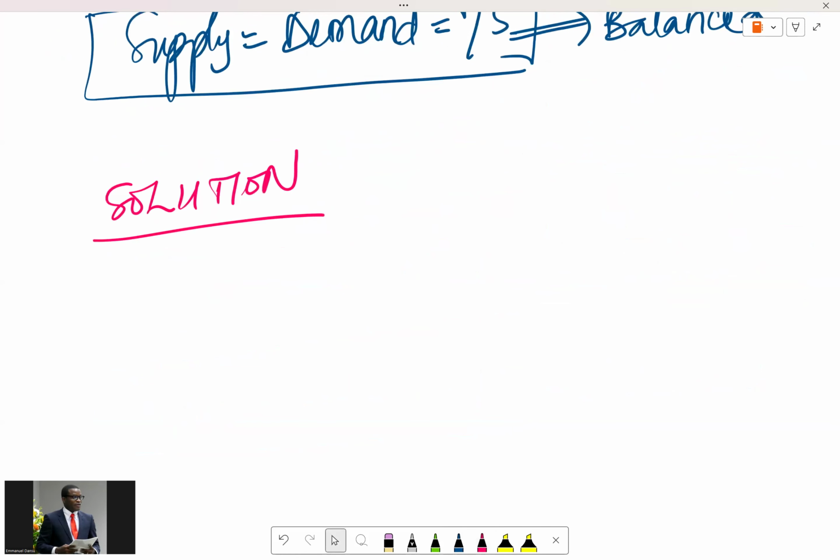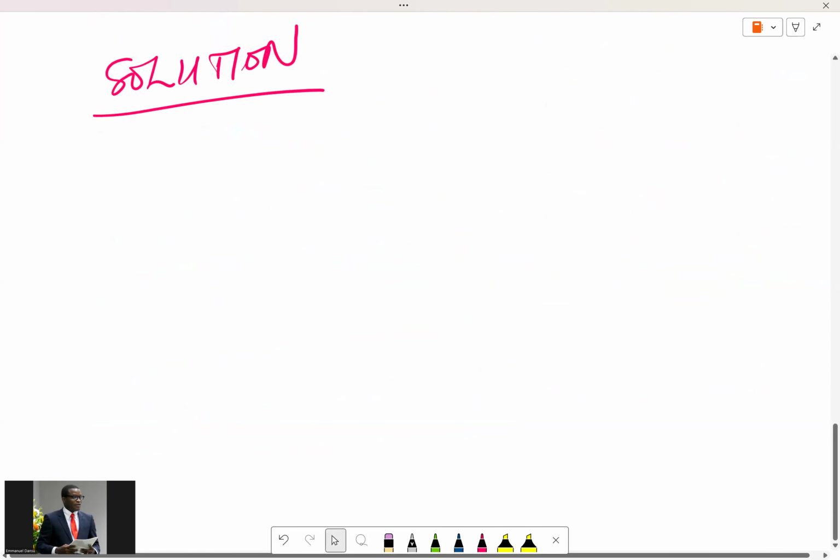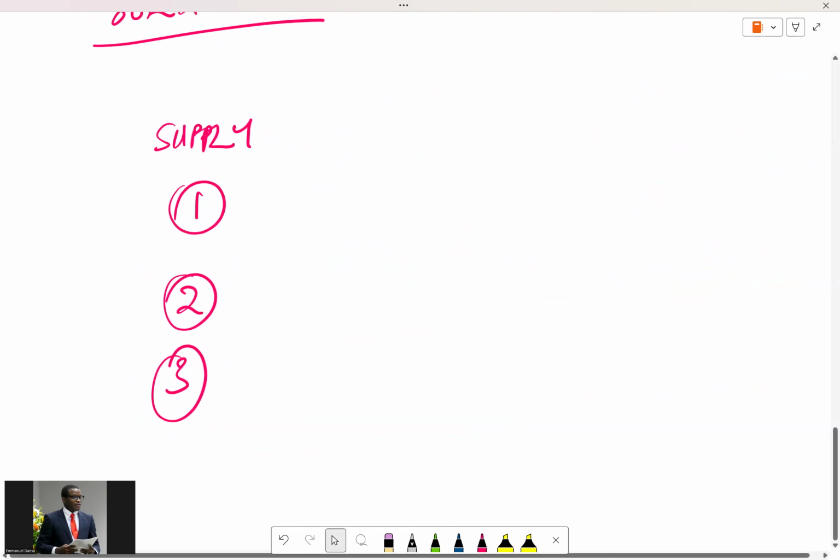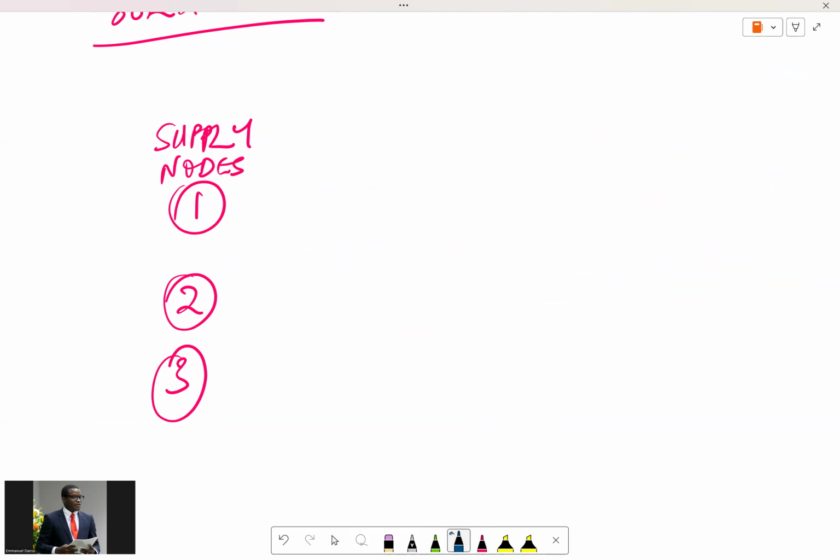With what you have already, it's very good if you have a diagrammatic form of it. So we have three supply nodes, 1, 2, and 3. Then we now have two transshipment nodes, 1 and 2.